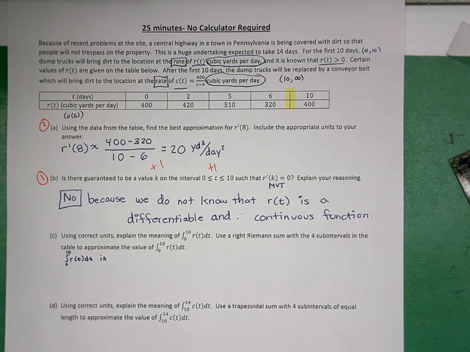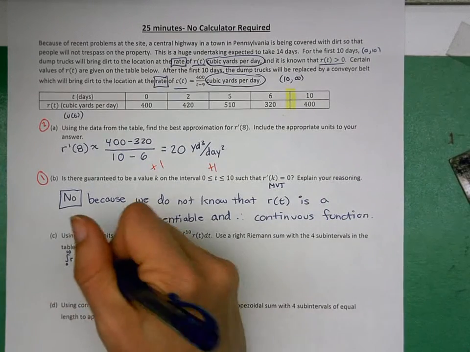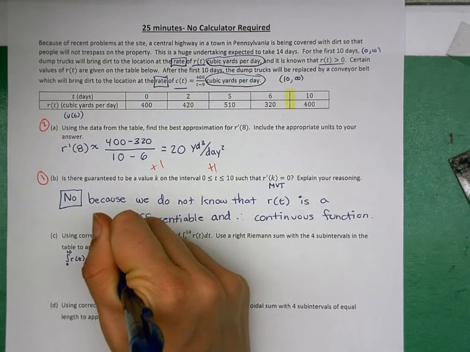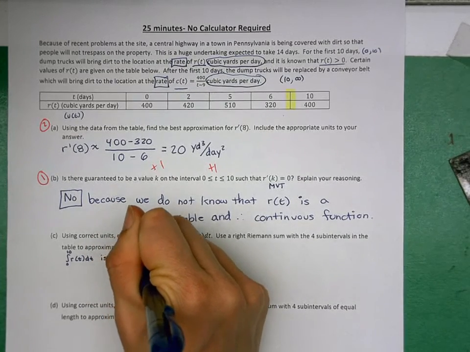We reviewed that the very first FRQ focus day we did, right when distance learning started, the tabular data one. So an integral is a total. The integral from 0 to 10 of r of t dt is the total, and total what? Okay.